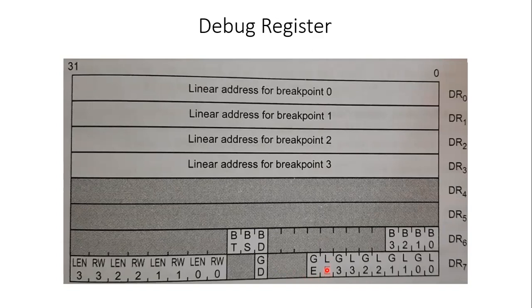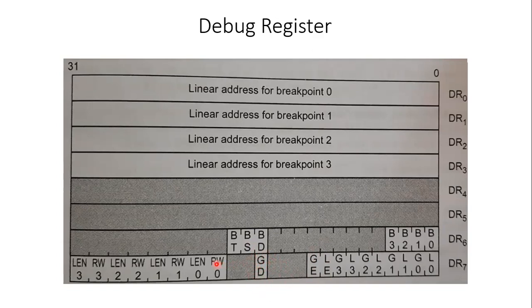LE means local enable, and GE means global enable. Then the next bit is the GD bit, which is global debug access. It gives you the global debug access.